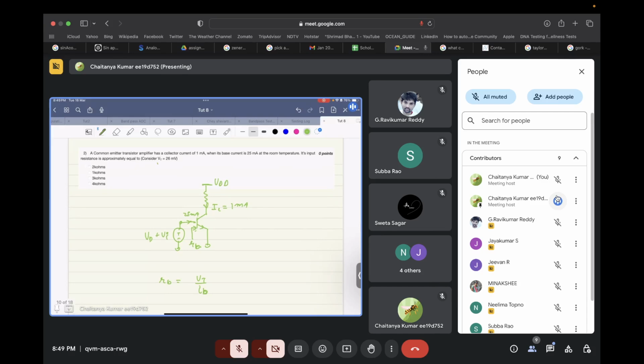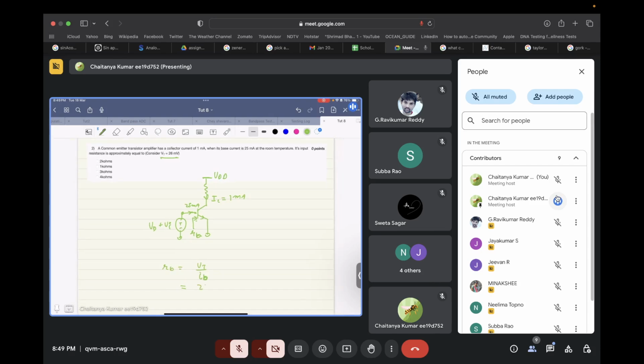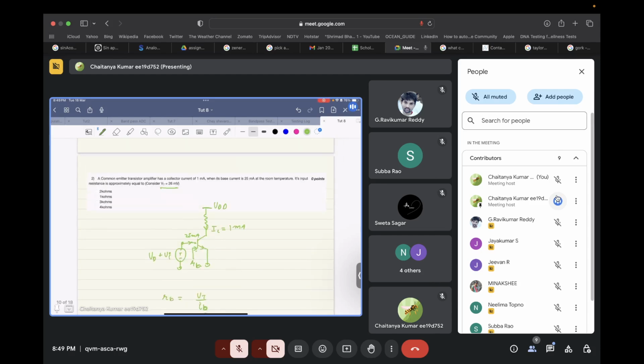Now VT at room temperature has been given as 26 millivolts. So we have 26 millivolts divided by, wait a second, when its base current is 25 milliamps at room temperature.